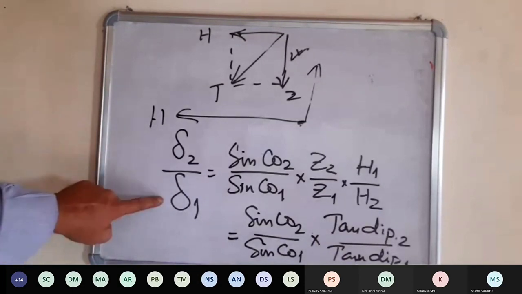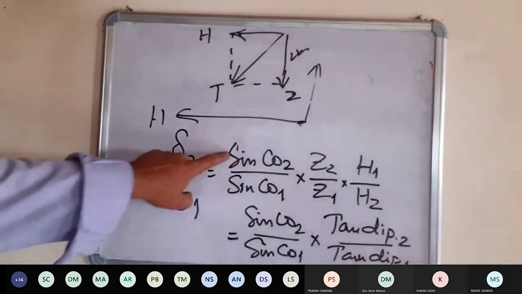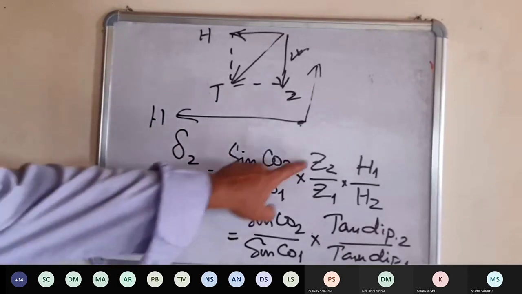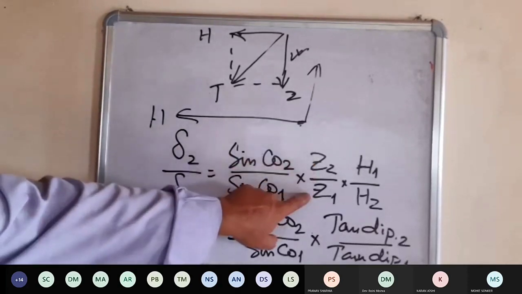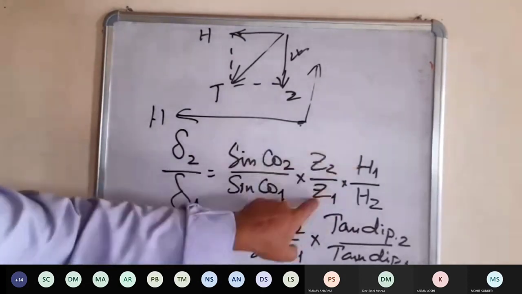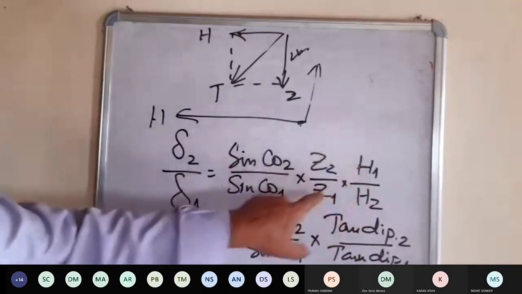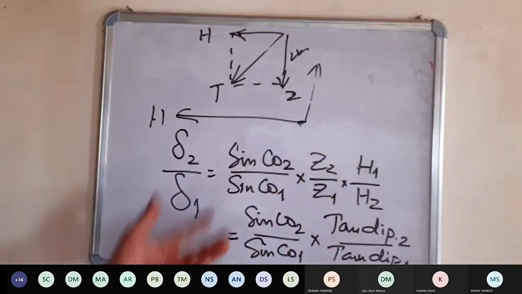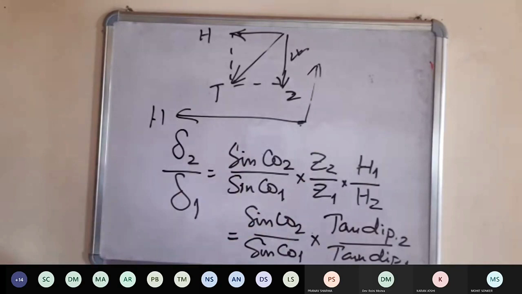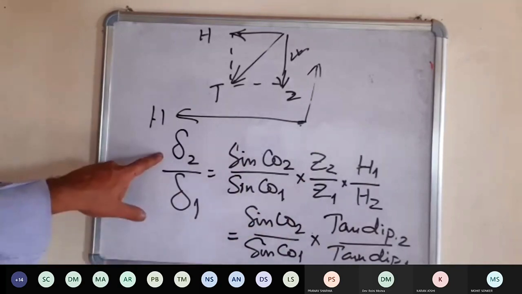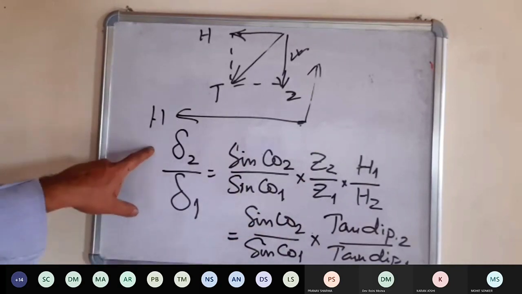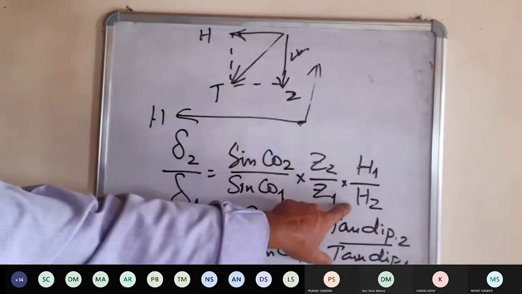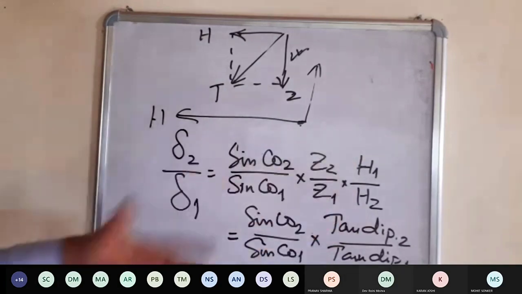The deviations which are caused are happening as per sine of the course, but they also vary as per Z and H, which are opposite to each other. When H increases, Z decreases, and when Z increases, H decreases. So deviation will depend on the factors of Z as well as H, because H is also causing it.